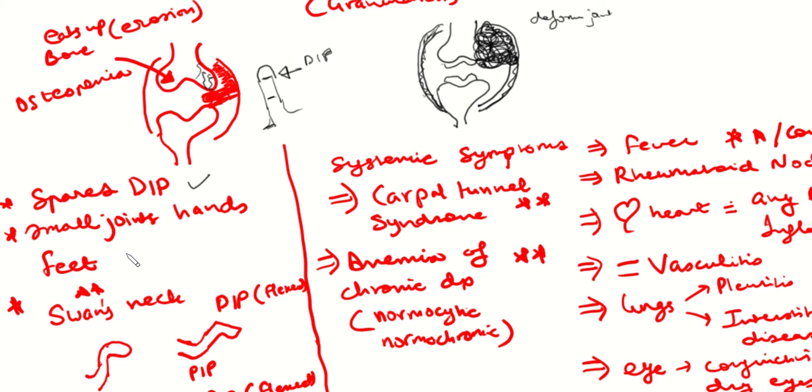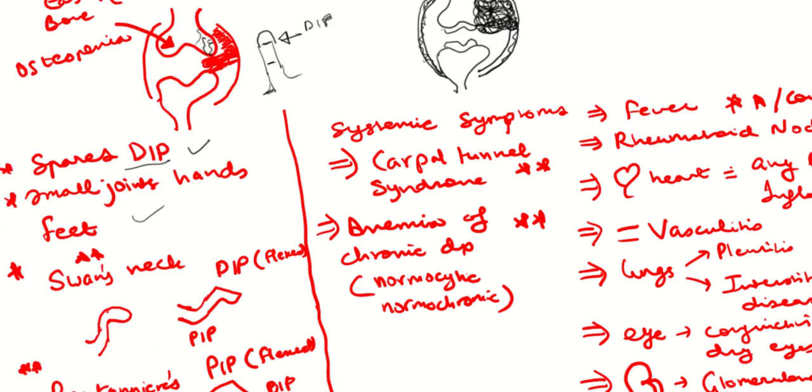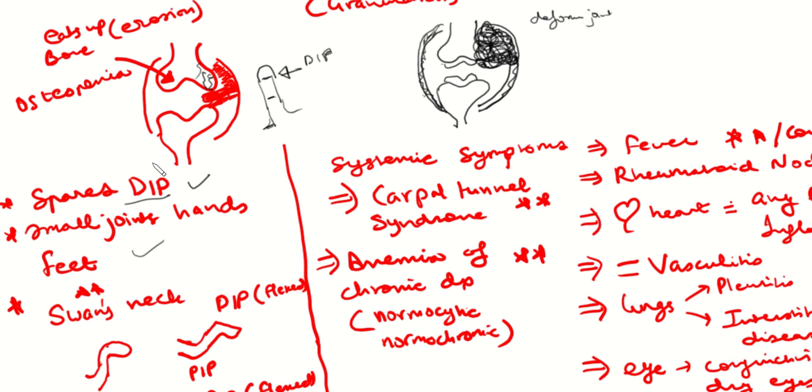Okay, it affects the small joints of the hands and feet except the distal joints. So that's how you differentiate it from diseases like osteoarthritis, which tend to be more prevalent in the IPs and joints which are distal.